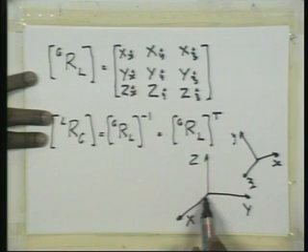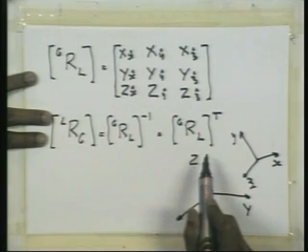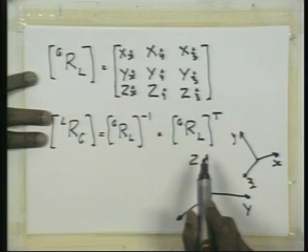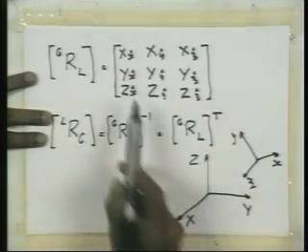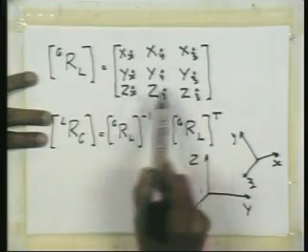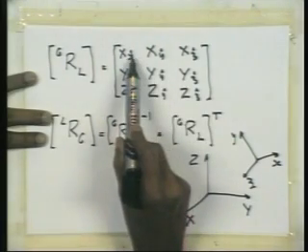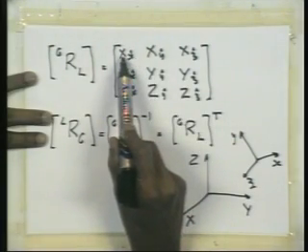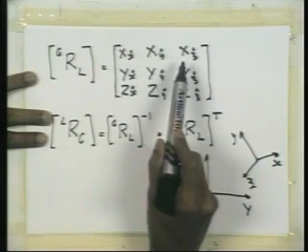Columns should be the unit vectors along the global x, y, z axis, right, in the local frame, expressed in the local frame. And if you look at this carefully, you will see that these rows are nothing but that. This is the local coordinates of the global x axis.